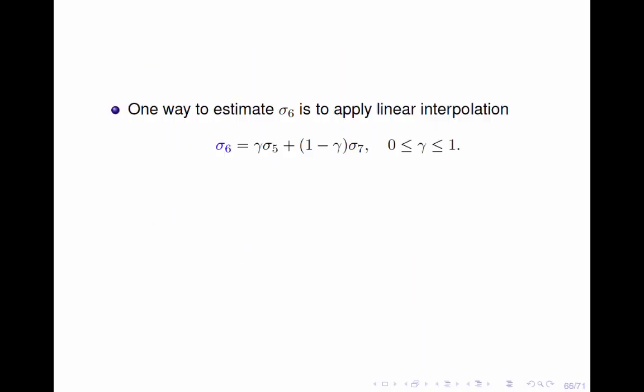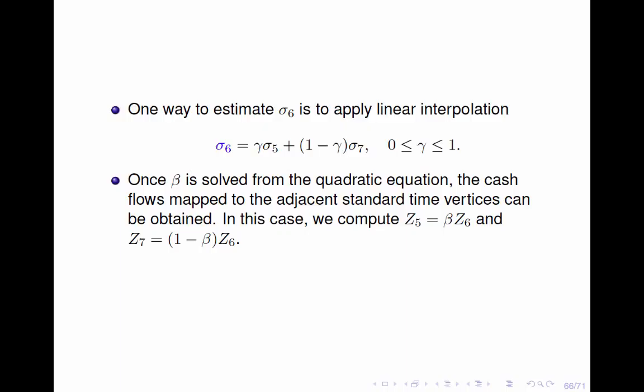One way to estimate sigma 6 is to apply linear interpolation, same as the estimation of Y6. Once beta is solved from the quadratic equation, the cash flows mapped to the adjacent standard time vertices can then be obtained. In this case, Z5 is equal to beta times Z6, and Z7 is equal to 1 minus beta times Z6.